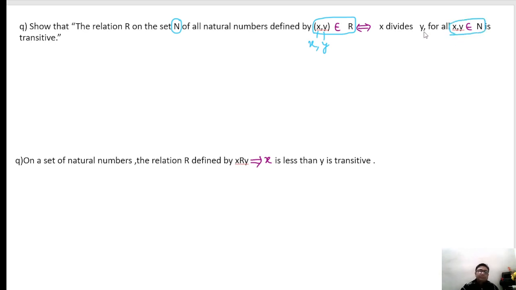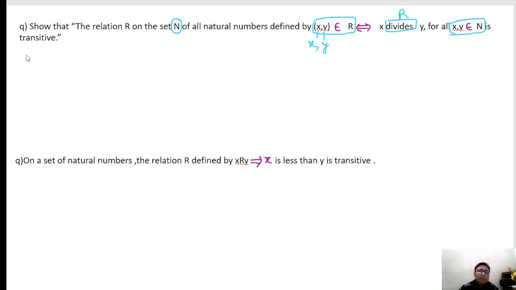The relation R on the set of all natural numbers is defined by this condition: x divides y. First, let us see, they are asking is it a transitive relation?